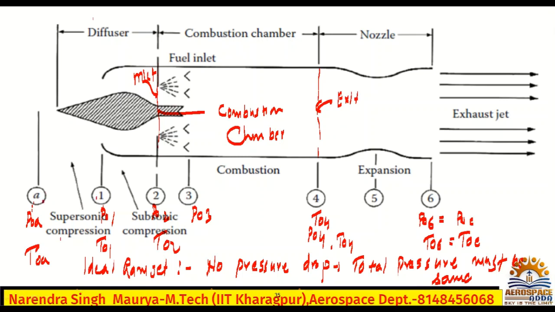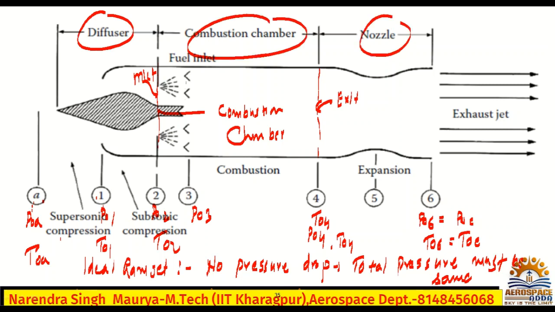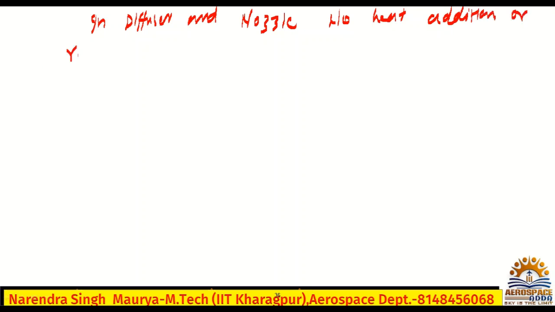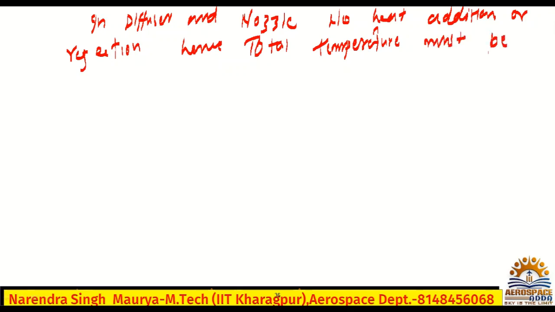In the diffuser and nozzle there is no heat addition or rejection, hence the total temperature must be constant.